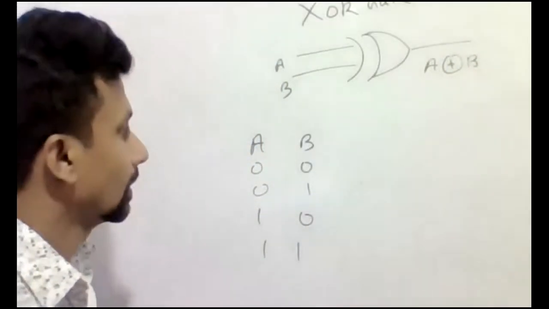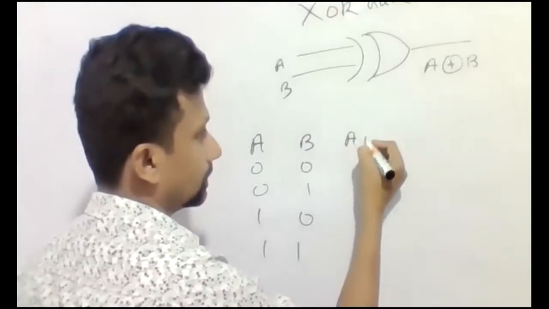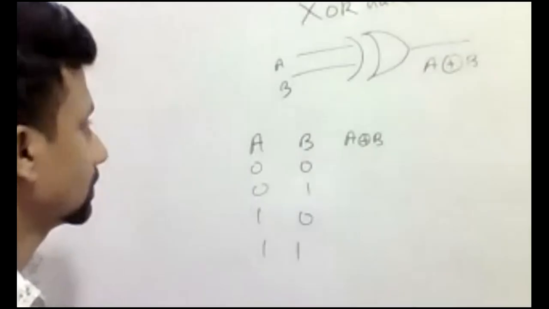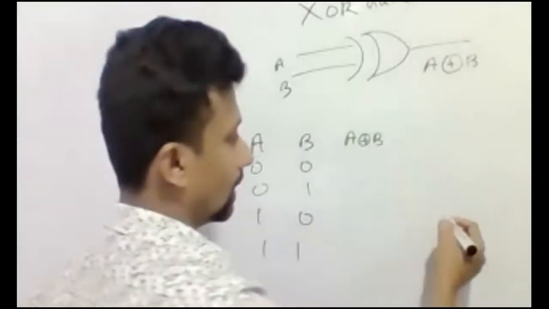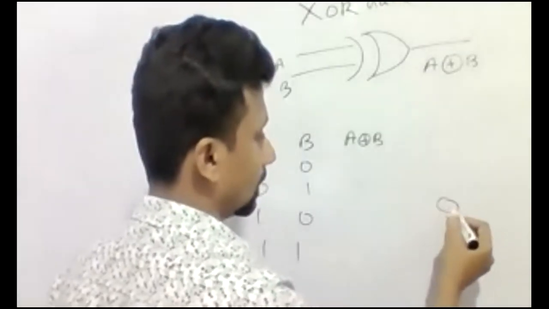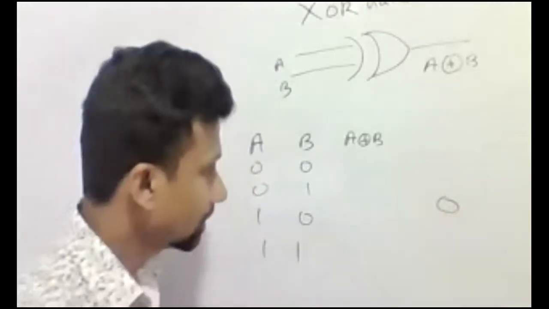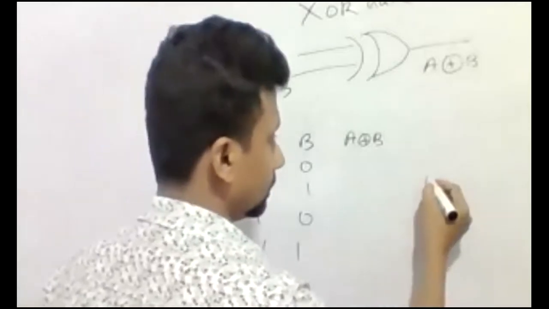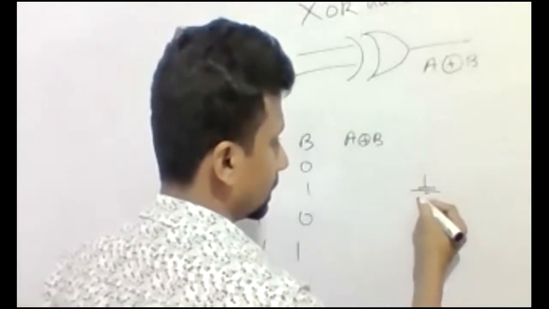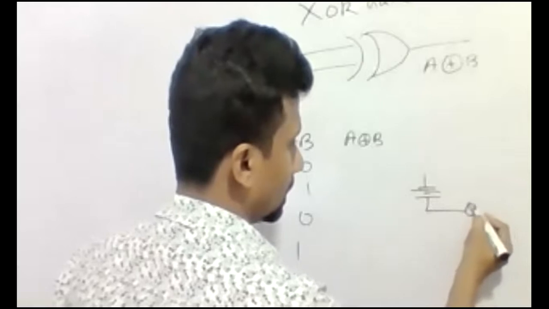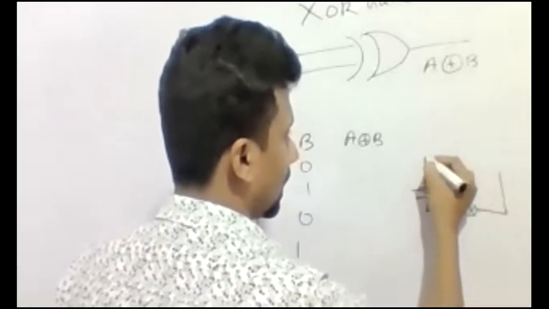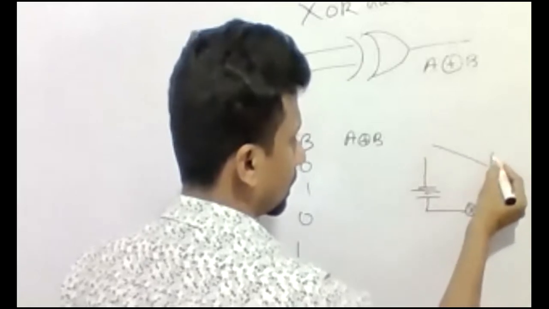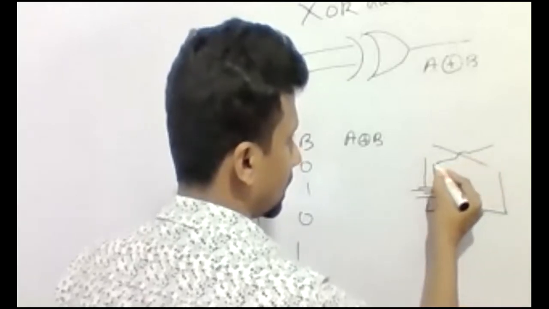XOR gate. I will show you how this circuit is working. I will take a bulb, batteries and all that, like the earlier one. Take the batteries here and the bulb here, and now my switches like this. I have switches like this, right?